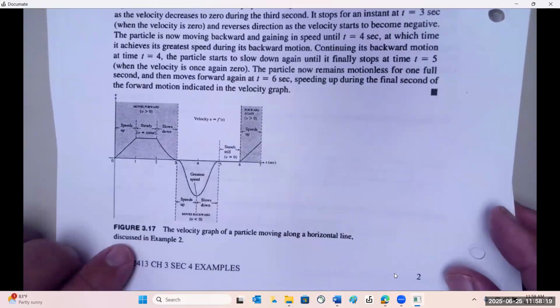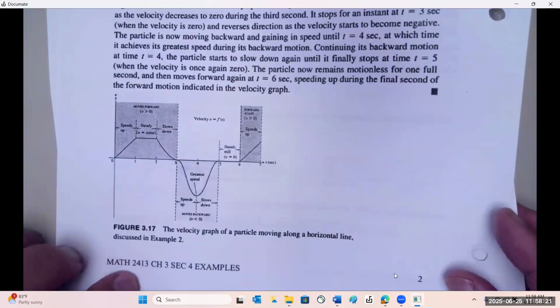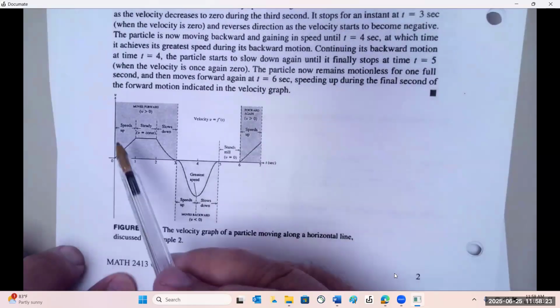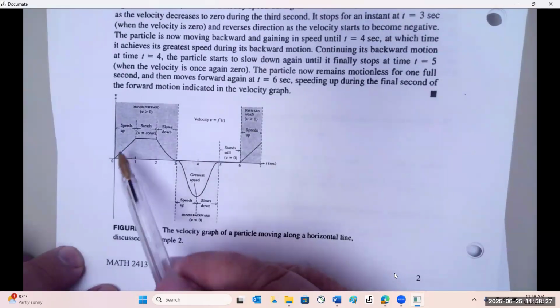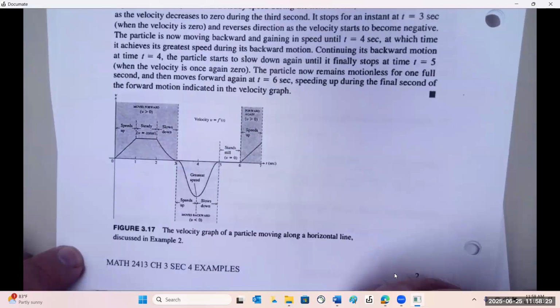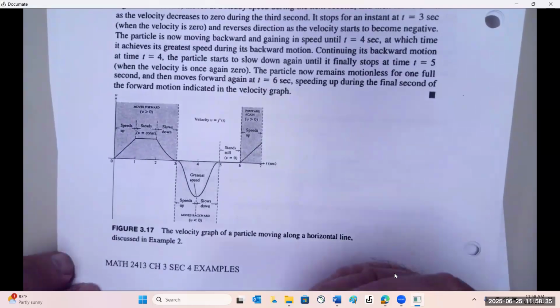The velocity graph. So what does this part mean? If the graph is going up, what does that tell me about the velocity? You should have the packet. Look at it, in chapter 3, section 4.